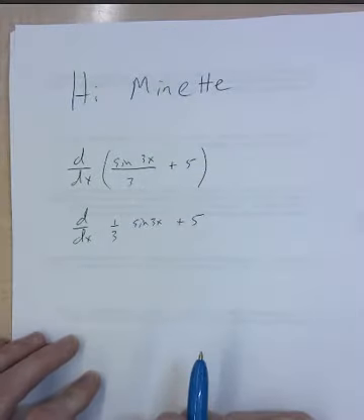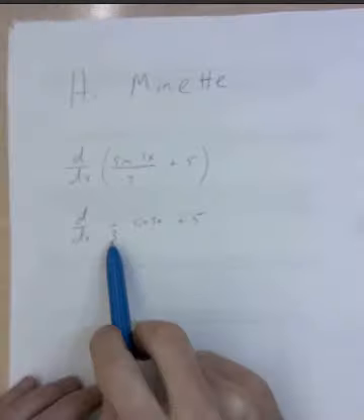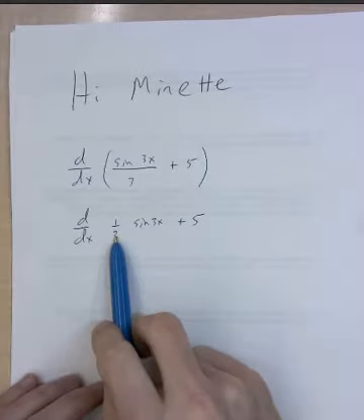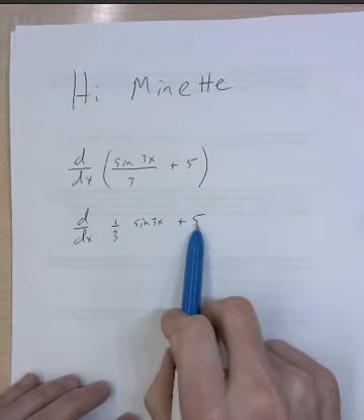Still good. Now what do we do? Derivative of what piece is really the only piece that we need to worry about? The sine of 3x is the only piece we need to worry about, because the 1/3 is a constant multiplier. Don't need to worry about that. The derivative of 5 is obviously just 0, so we don't need to worry about that either.